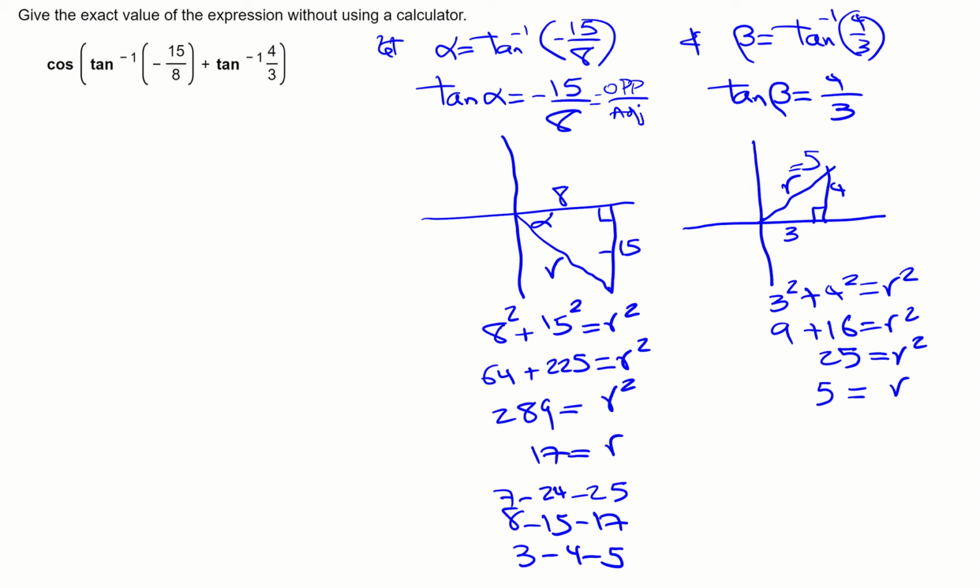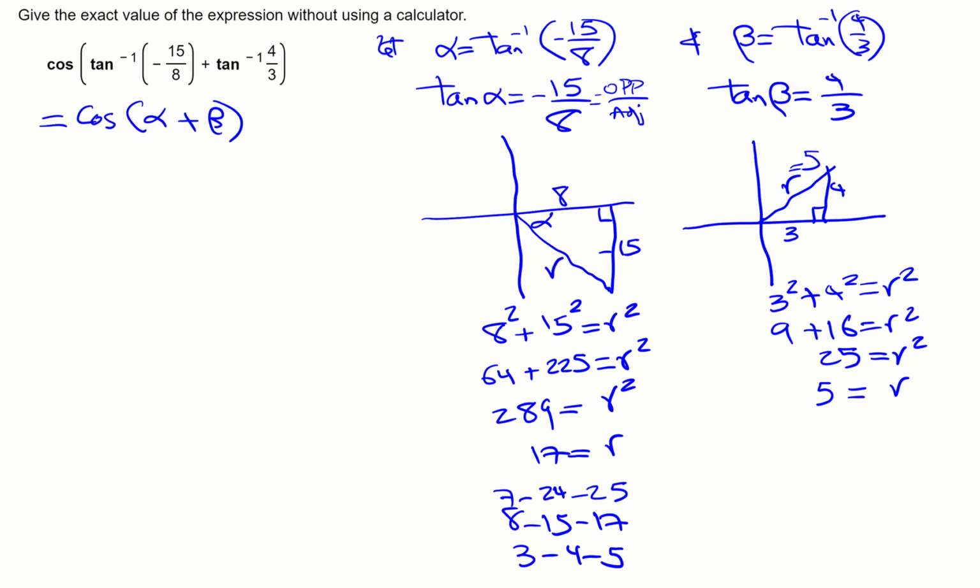Now, if we go back to our original problem, notice that based on what we called inverse tangent of negative 15/8 and the inverse tangent of 4/3, we can just write this as the cosine of alpha plus beta. Remember, this is alpha and this is beta.